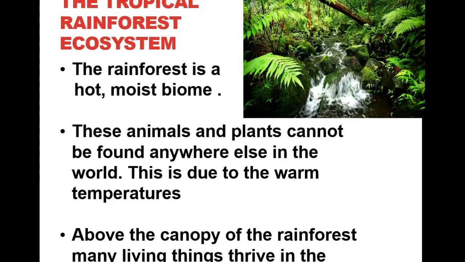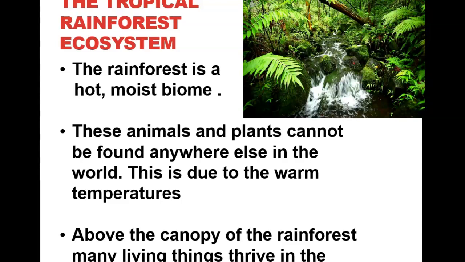Okay, and the last type of forest we're going to talk about is the tropical rainforest ecosystem. The rainforest is a hot, moist biome. Some of the animals and plants cannot be found anywhere else in the world, and this is due to the warmer temperature. So typically, rainforests are found really close to the equator.